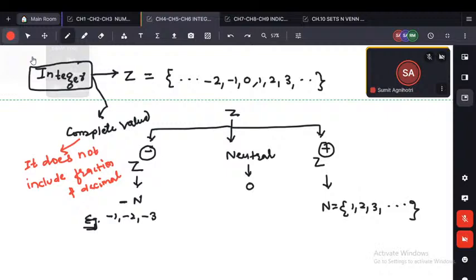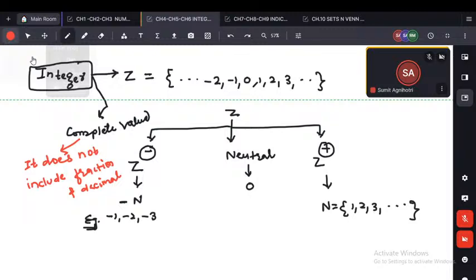They include all complete values, and those complete values are these values. We start with 0 in the middle, and towards the left, minus 1, minus 2, minus 3, they go up to minus infinite. Towards the right we have 1, 2, 3, 4 up to infinite, but we don't include the middle values, like we don't include fractions or decimals between 1 and 2. We include only complete values.